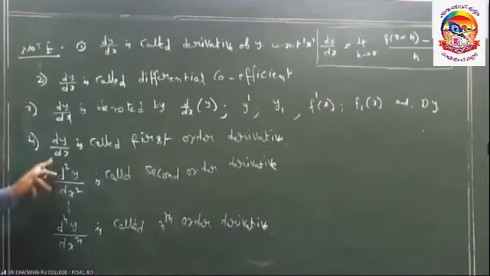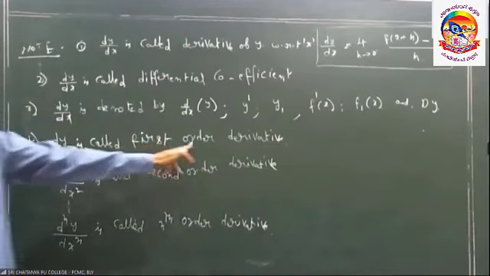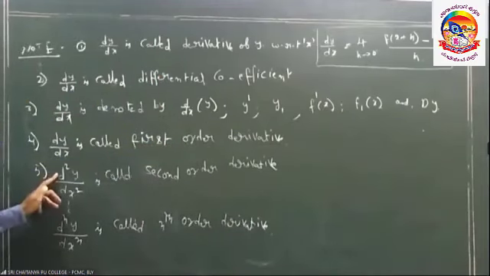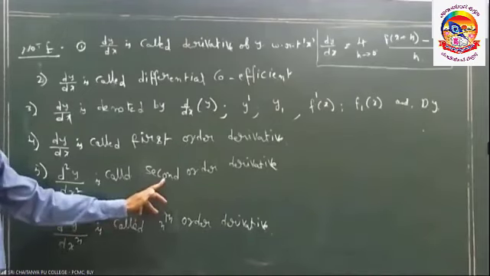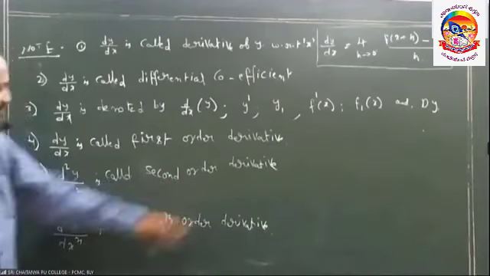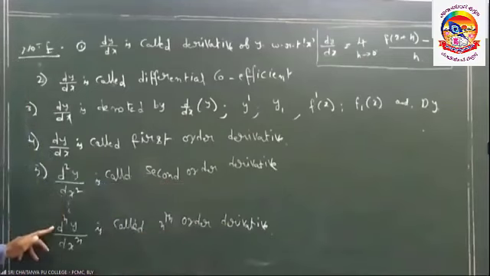So dy by dx is called first order derivative, d square y by dx square is called second order derivative, and so on. D power n y by dx power n is called nth order derivative.